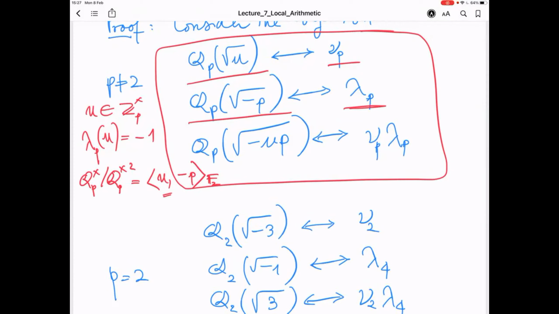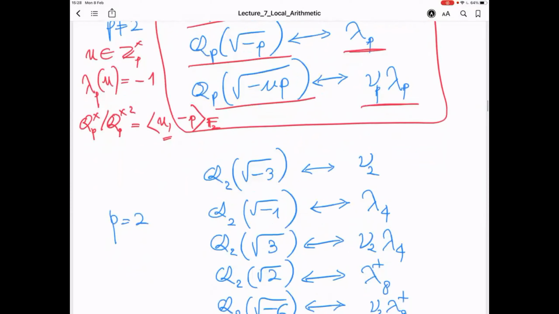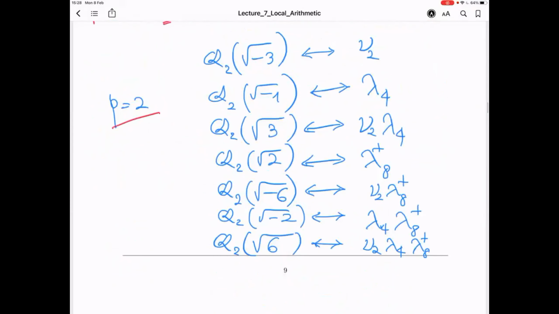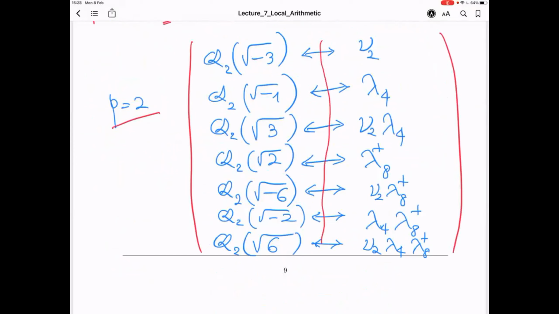And the third quadratic extension of Q_p is Q_p adjoin the square root of -up. And of course, I make it correspond to the quadratic character ν_p times λ_p. So that's what I do for p odd. And for p equal to 2, I have these 7 quadratic extensions on the left, the 7 quadratic characters on the right, and I have this bijection between them, right?